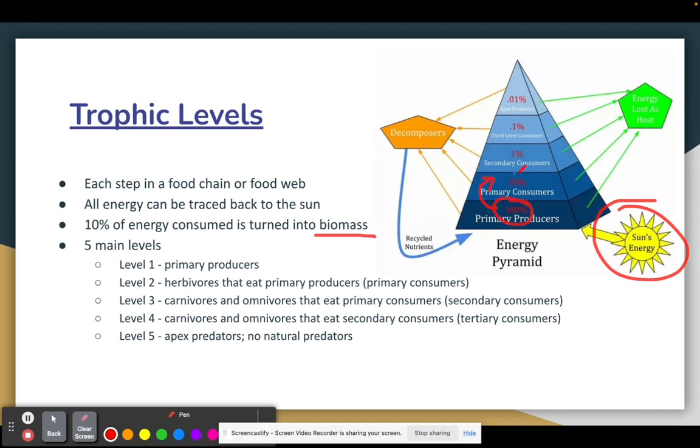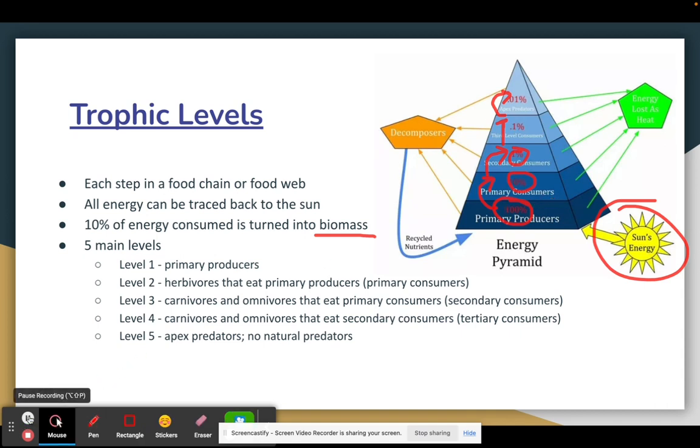So notice how it goes 100% to 10%. And then from that level to the next level, it's 1%. And then from that level up, it's 0.1%. And then from that, it's 0.01%. So every time you go up the food pyramid, and also thinking about this as a food chain, only 10% of that energy is translatable up to the next level.